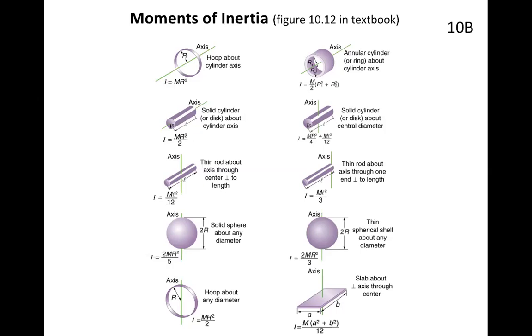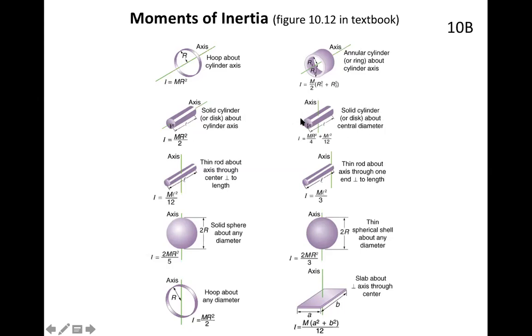All these formulae on the left side, and most of them on the right, with a couple of exceptions, are for axes that go through the center of mass of the object. Later in this class, I'll tell you what to do when it's not going through the center of mass of the object. We have one example of that, on the right side, two down.